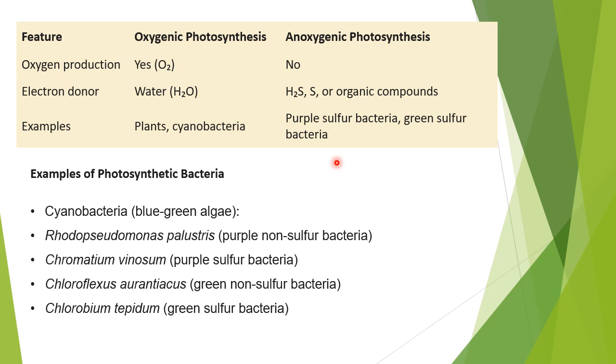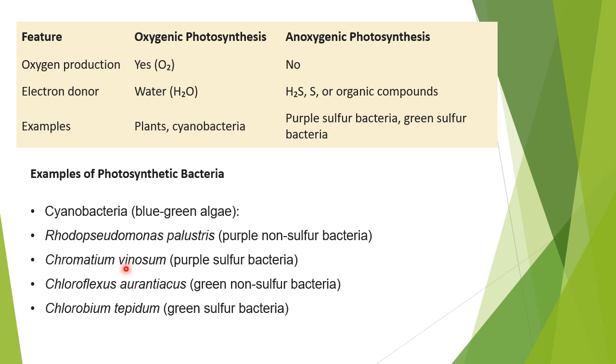Now, if you want a few examples to remember for your viva exam, you can at least try to remember two or three examples. So first, very important, is cyanobacteria. From cyanobacteria, you can keep in mind Oscillatoria or Lyngbya. Then in case of purple non-sulfur bacteria, you can remember Rhodopseudomonas palustris.